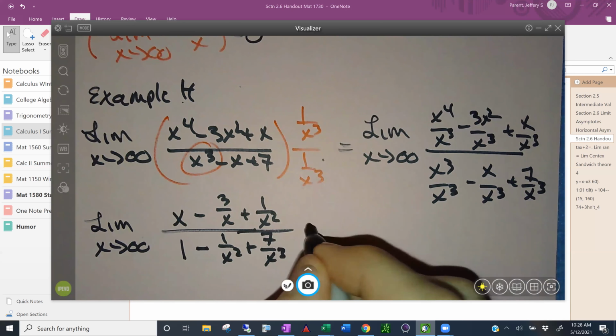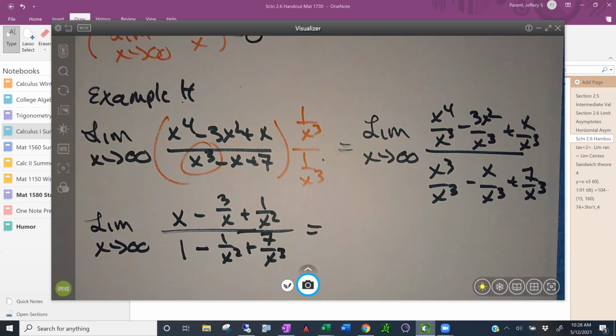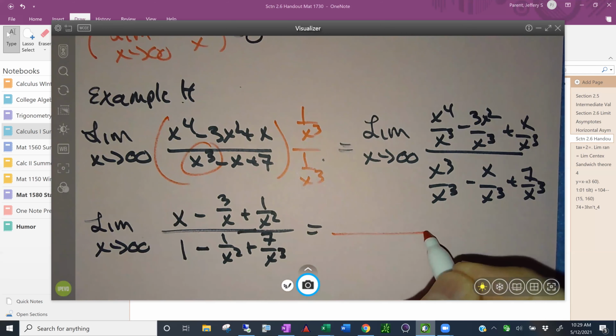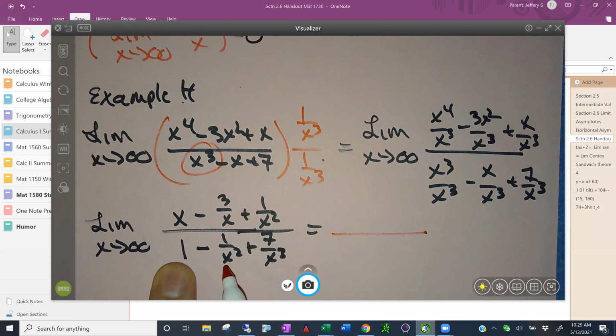So let's take a look at each of these then. Each of these has a limit. We'll start in the denominator. In the denominator, the limit as x approaches infinity of 1 is 1. How about this one?